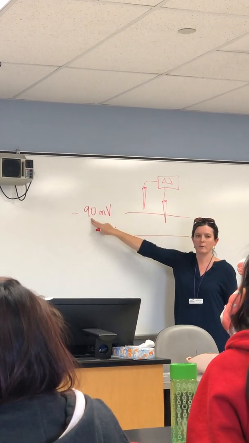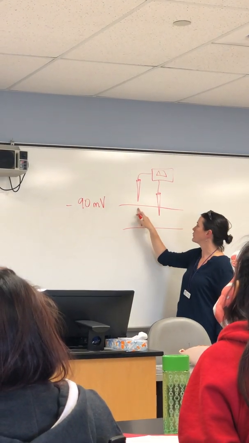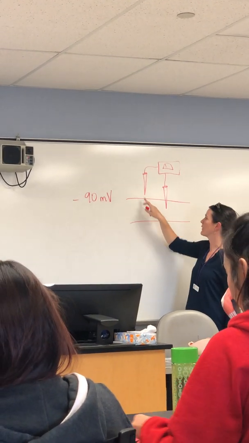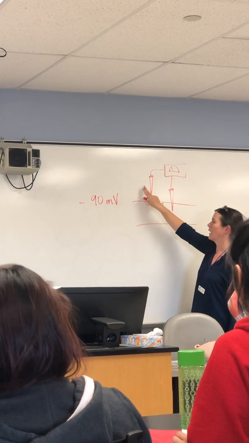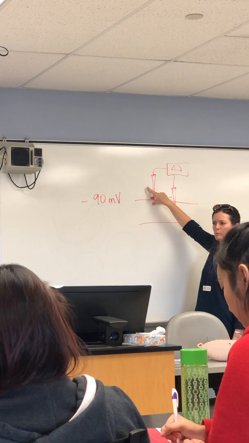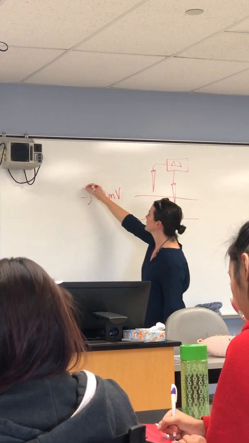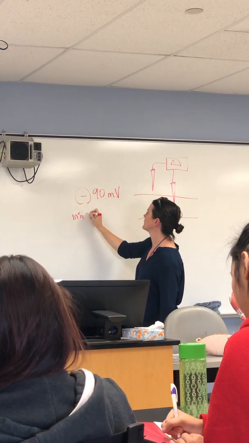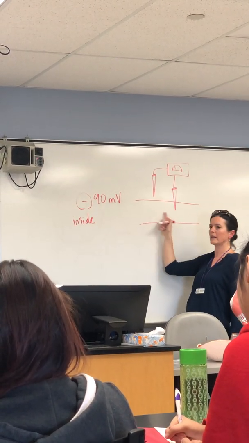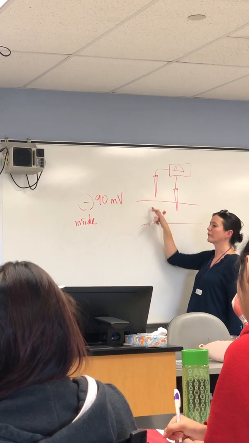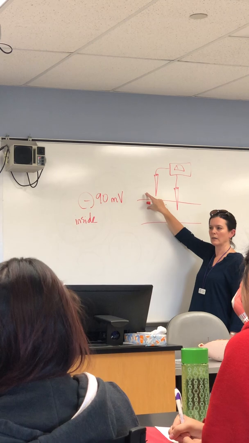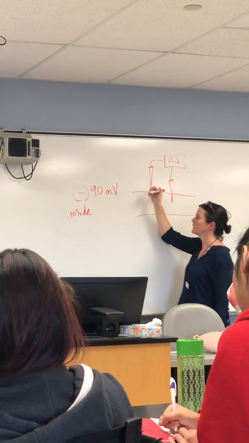The number here is the numerical difference between the two, okay? So that means like this was 100 and this was 10, right? So the difference between the two would be 90. This number tells you specifically the inside. So we know that the inside is more negative and the difference, the separation, is a degree of 90, okay? So this is our resting state.